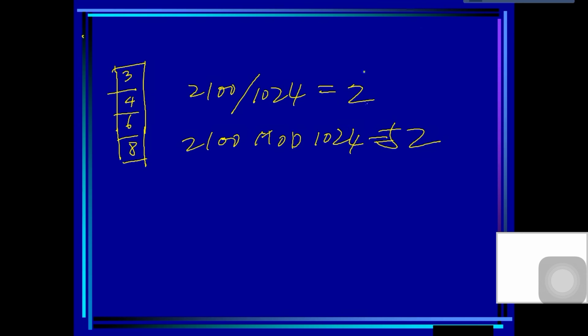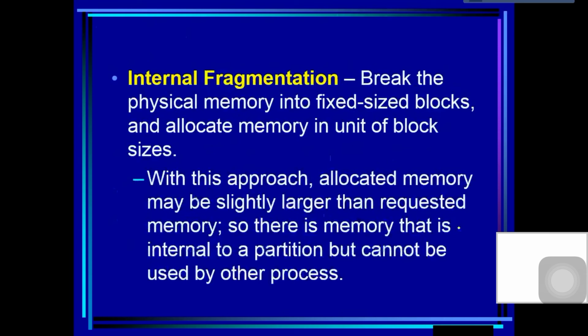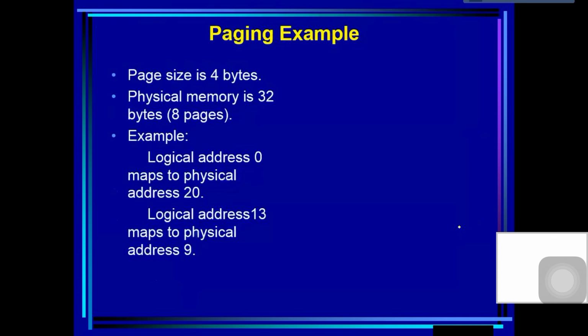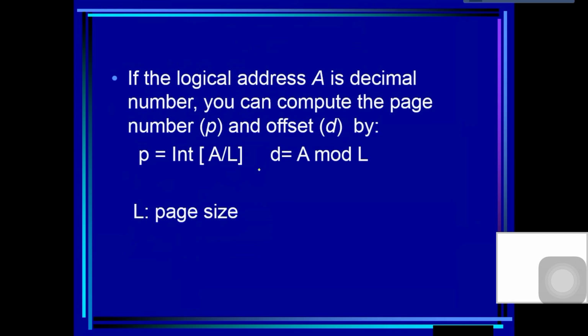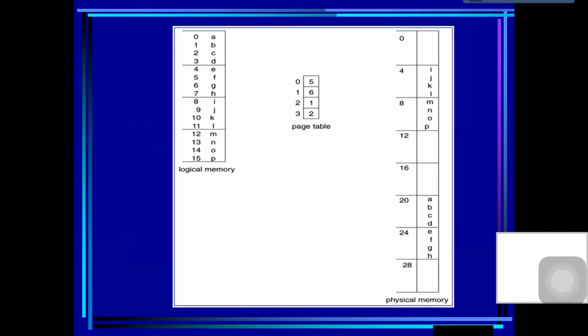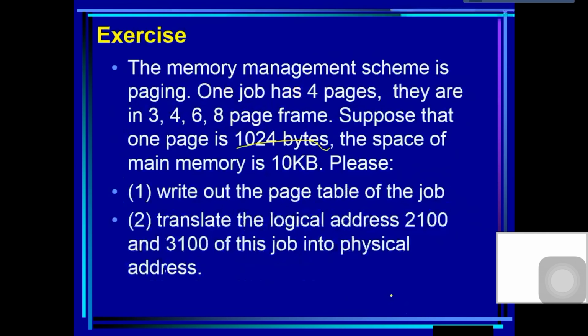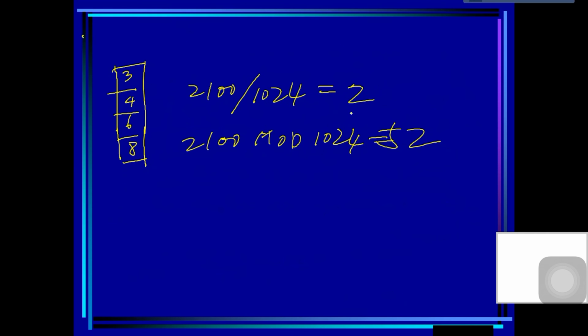This is the page number, and this is the page offset. We use this formula: the integer part is the page number, and the remainder is the page offset.